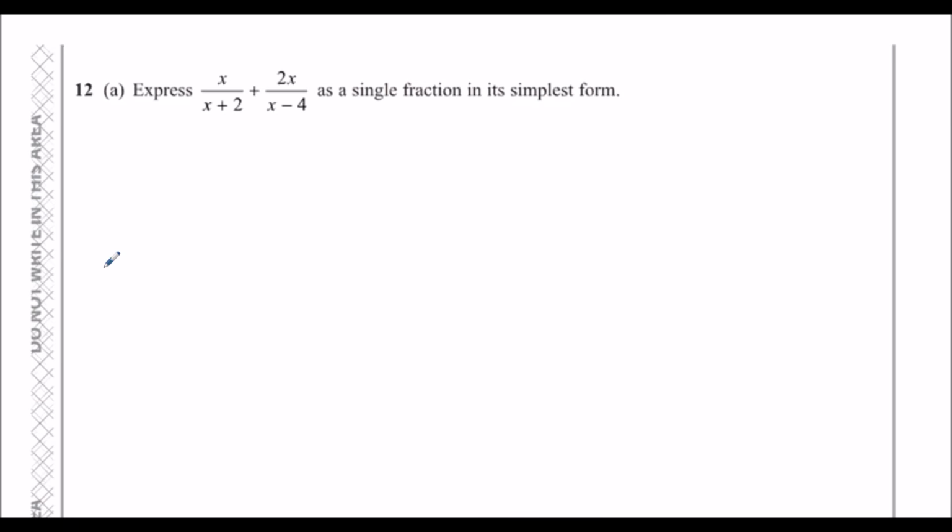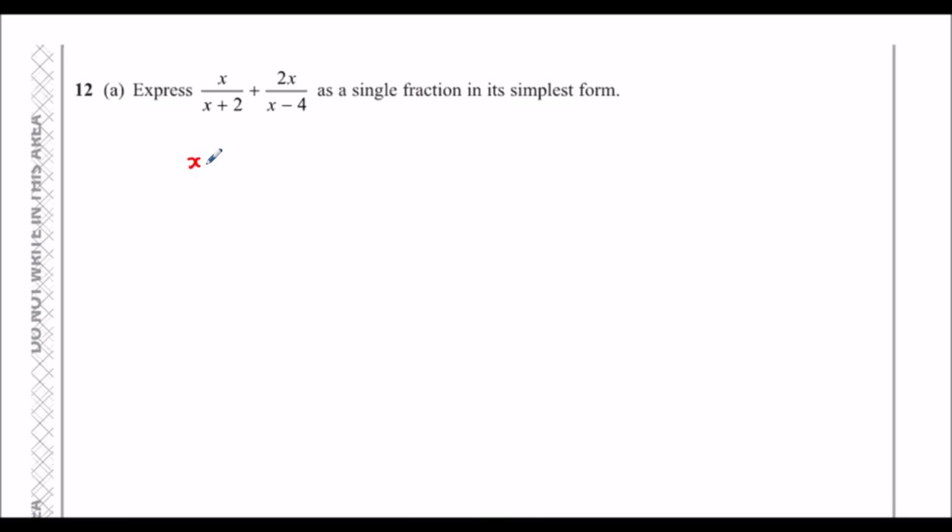Question 12. Express x over x plus 2 plus 2x over x minus 4 as a single fraction in its simplest form. When we add fractions, we need to make the denominators the same. So we multiply top and bottom of the left one by x minus 4, and top and bottom of the right one by x plus 2.